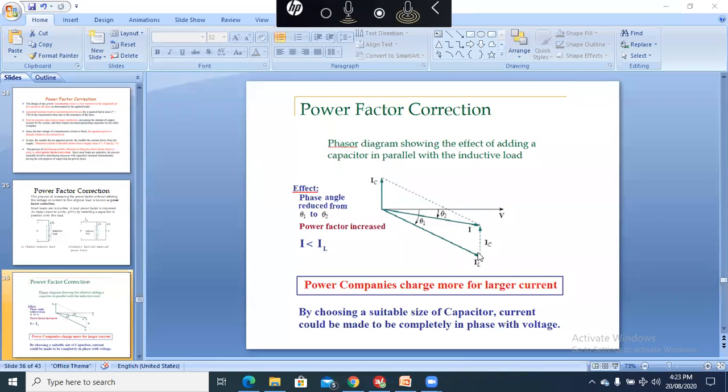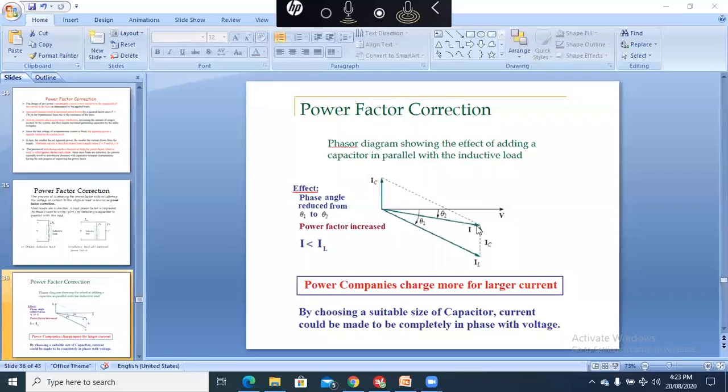right? So when we install a capacitor in parallel, that increases the power factor and decreases the value of the angle between voltage and current.